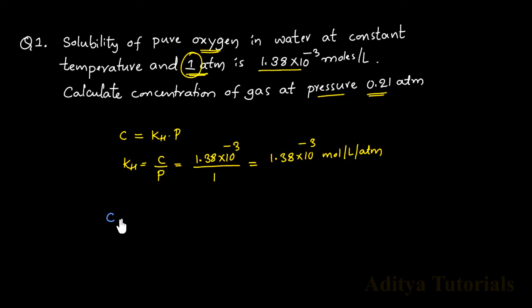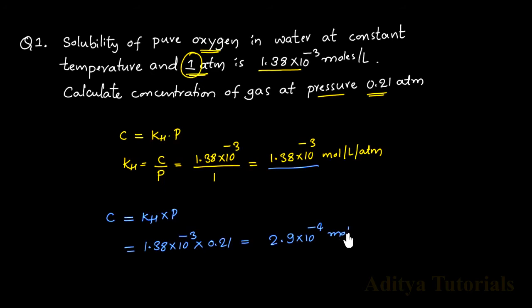Therefore, concentration is equal to Kh into P. That is equal to 1.38 into 10 to the power of minus 3 into the pressure we have here, that is 0.21, which gives 2.9 into 10 to the power of minus 4 moles per liter. This is the concentration of the oxygen gas dissolved at the pressure of 0.21.